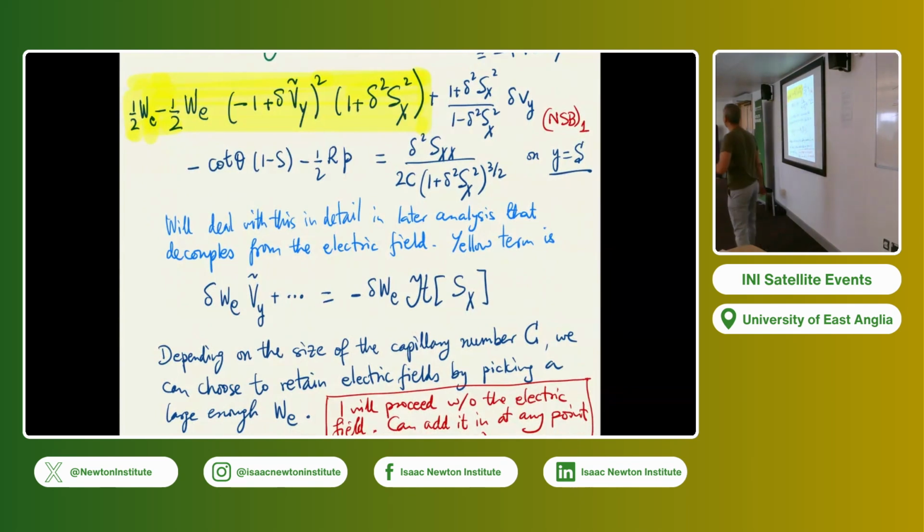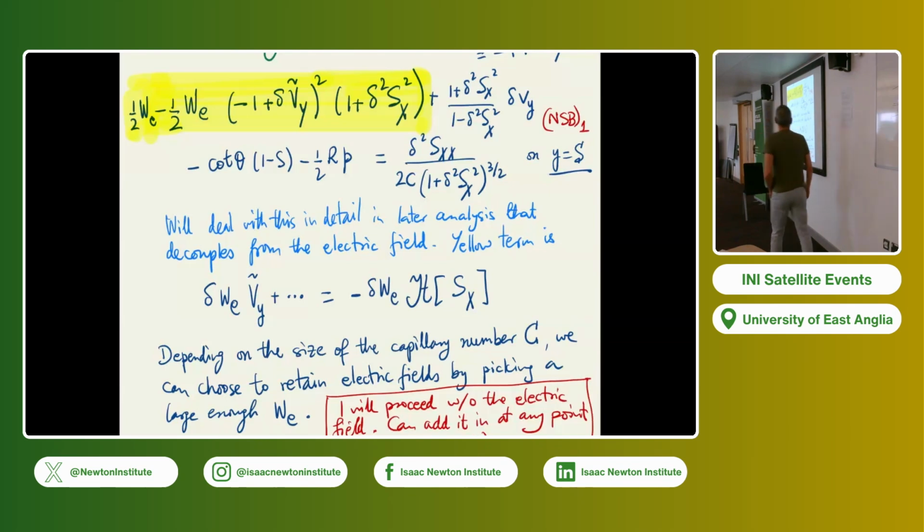That's by design, by picking the constant so that it gives me the correct solution when things are flat, and then I'll just pick up a minus 2 delta v tilde y from here. That's the order delta term. But v tilde y is the Hilbert transform of S, x. So I know exactly, so the problem will close. And that's shown here.